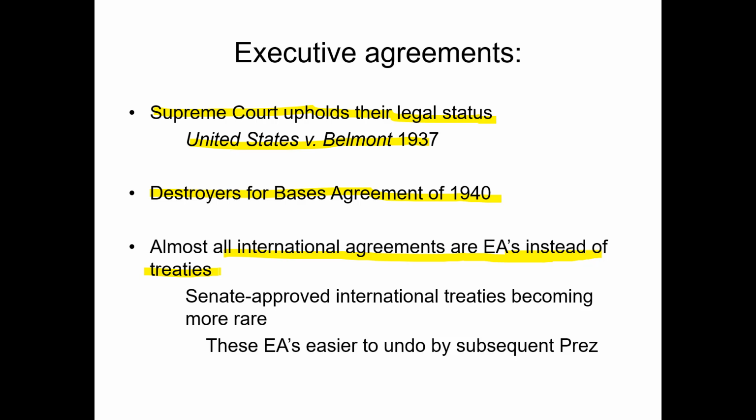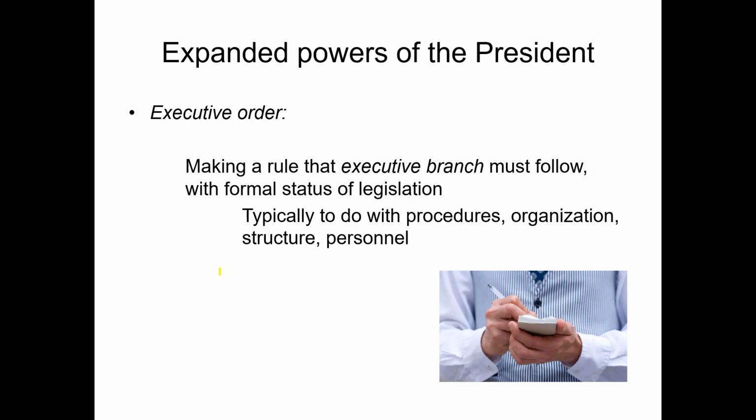That was also torn up by the subsequent president. If it was an official treaty approved by 2/3 of the Senate, a president couldn't do that. It's law, and the only way that could be changed is going through Congress. But this is yet another one of these powers that has expanded over the years for the president.